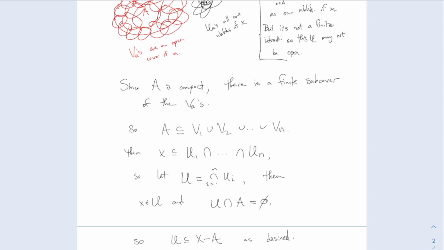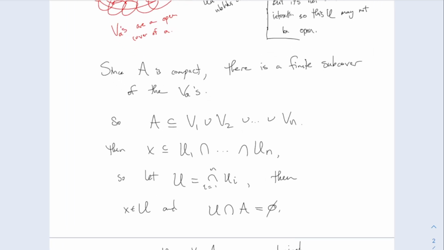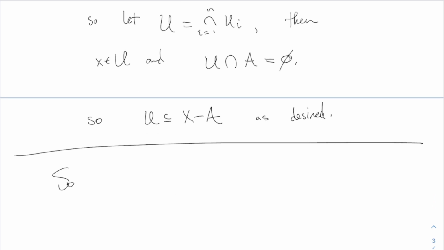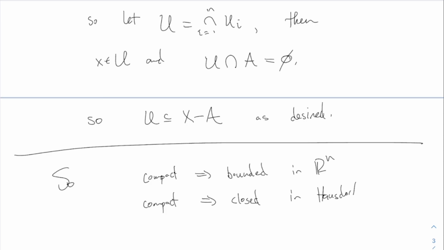So let me refresh our memory. What we've shown so far is, the very first thing we said was compact implies bounded in Rn. And then what we just showed was compact implies closed in any Hausdorff space, which does include Rn.